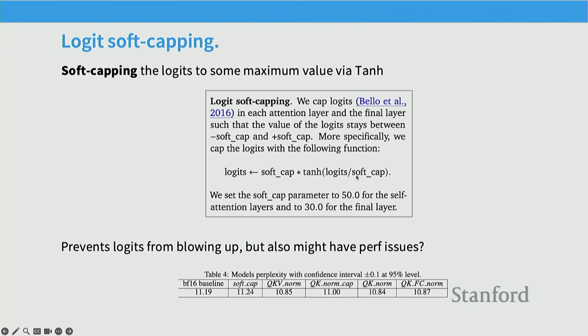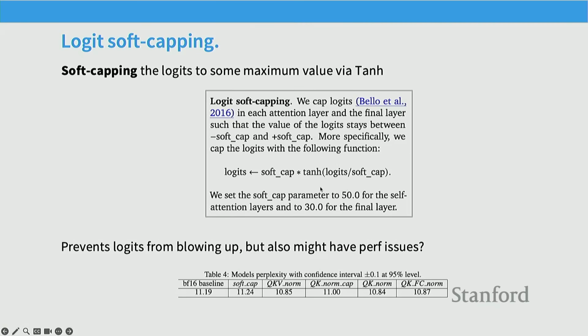So you can pass them through this equation over here. You have your logits as your input, divided by the soft cap, multiplied by the soft cap. What does that do? Well, if your logits start exceeding the soft cap by a lot, the tanh is going to clip them off to 1, and so you're going to have a maximum value of soft cap over here, right? So this is going to control, in some sense, soft clipping of the logits.